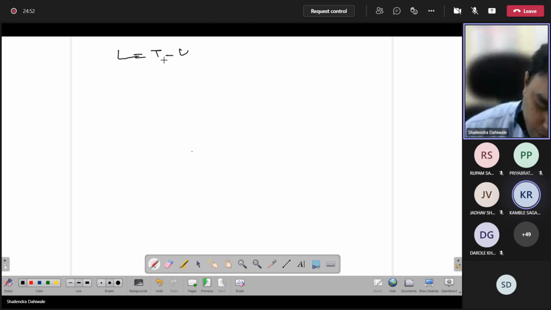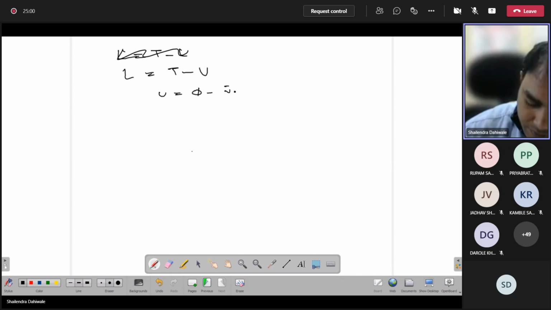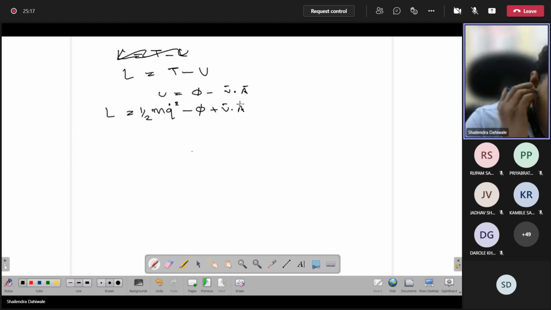So you write L as T minus U, and U is now your phi minus V dot A. So if I write in complete form, this T kinetic energy you can write as half mq dot square minus phi plus V dot A. This will be your Lagrangian, right? This will be your Lagrangian.